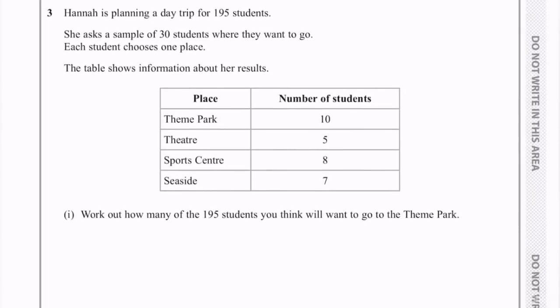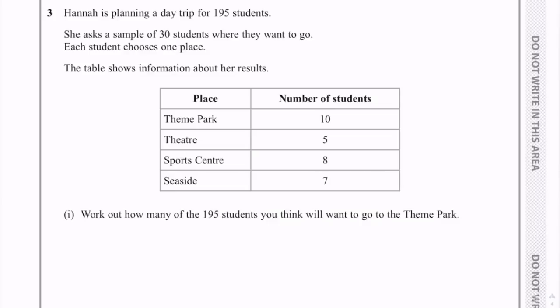So we've got a trip being planned for 195 students, and they're going to take a sample of 30 students, and this shows the table about these results. So work out how many of the 195 students we think are going to want to go to the theme park. Obviously we can only give a best estimate here because it is only a sample, so we are going to assume that this is representative of all those 195 students, even though there's only 30.